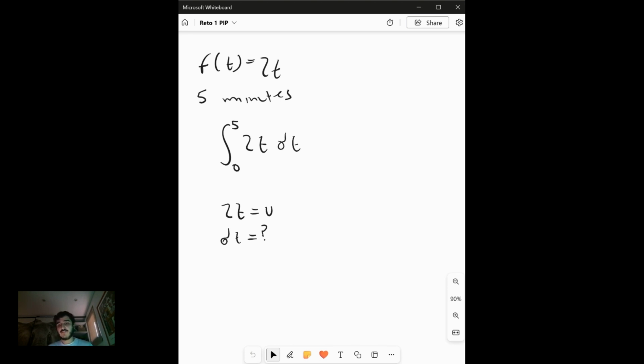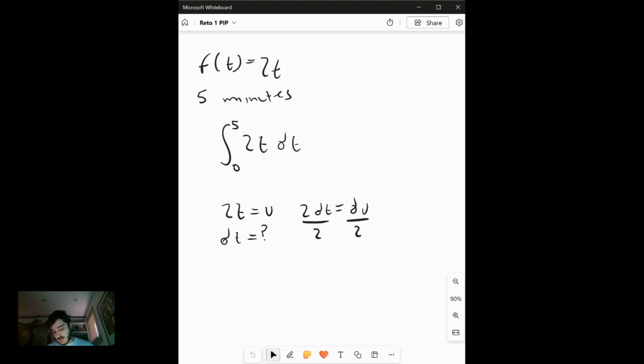Well, we have to find the derivative of both sides of the equation, which would give us the derivative of 2t is 2 dt, and the derivative of u is du, right? So now, to leave the dt alone, we should divide by 2, which would also divide by 2 on the other side.